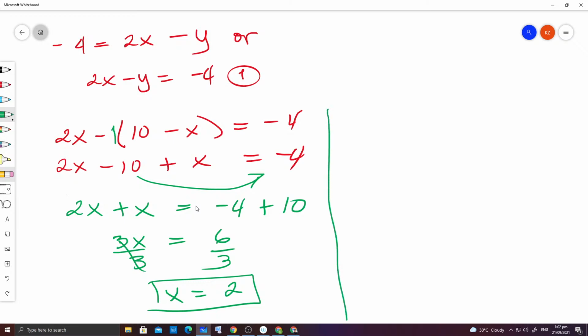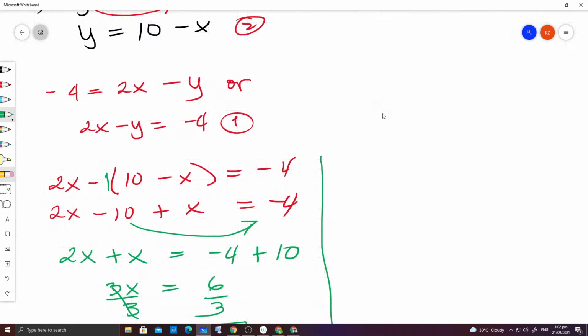Next, for the value of y, let us use equation number 2.